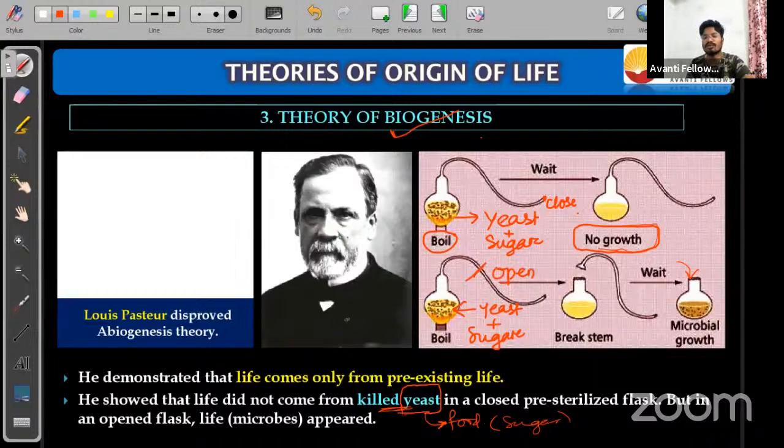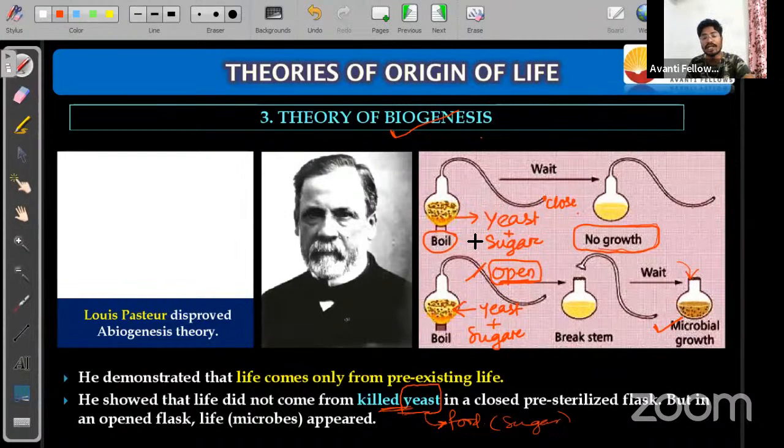When he kept it open, and waited for some time period, he observed that there was some microbial growth.